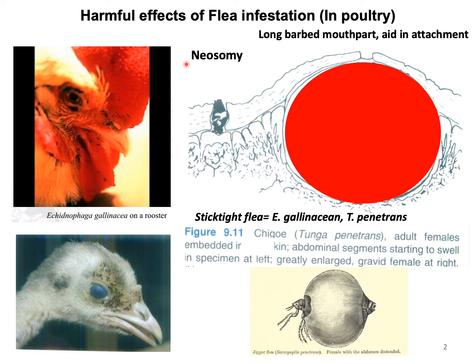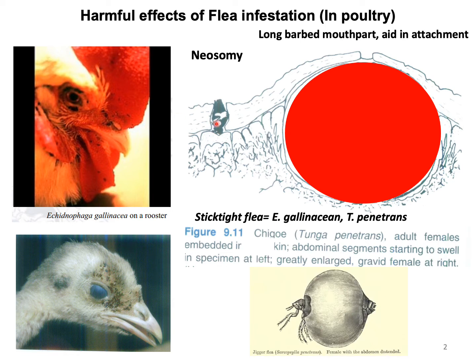Harmful effects of flea infestation in birds. So you can see Echidnophaga gallinacea on a rooster. They usually infest the comb, wattles, around the eye, and around the beak. In both pictures, you can see a lot of fleas on the affected region.